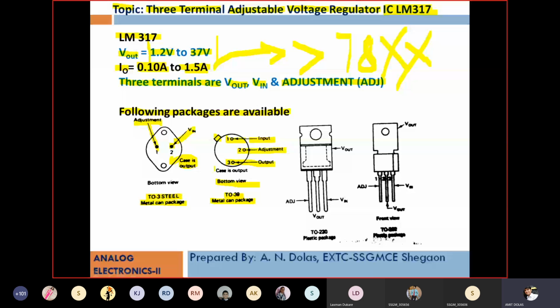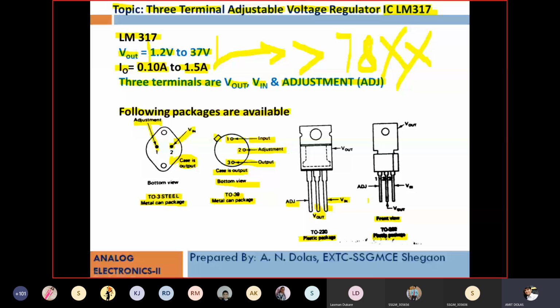And another is the plastic package. In the plastic package, in the front view, the very first terminal is the adjustment terminal, the middle terminal is the output terminal, and the last terminal, that is the third terminal, is the input terminal. So this is also a 3 terminal IC. Don't get confused between 78 and 79 and LM317.